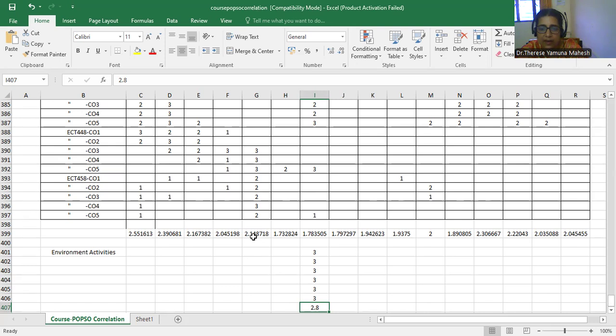So naturally, this mapping is correct because this mapping refers to only the academic part of the CO-PO mapping.